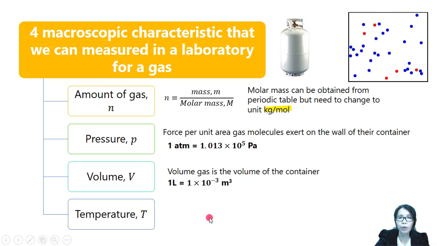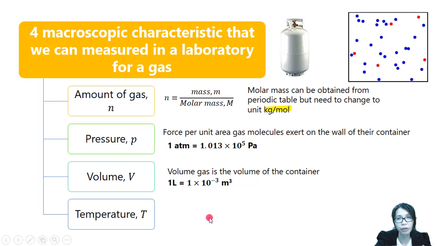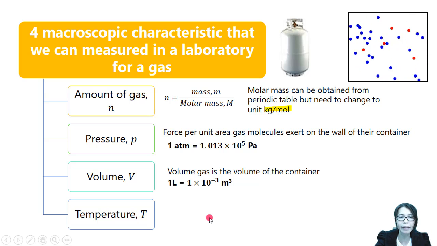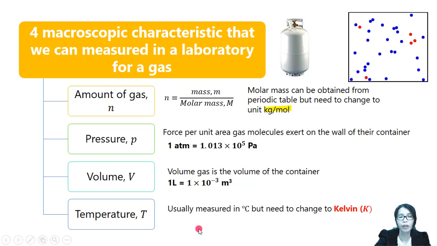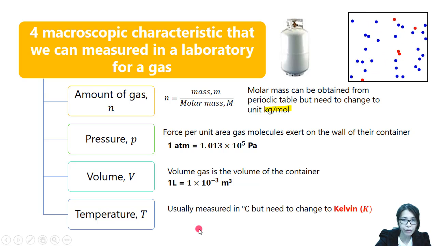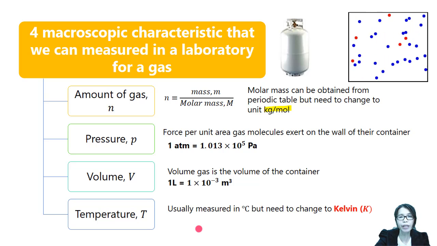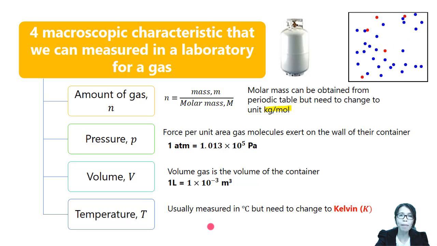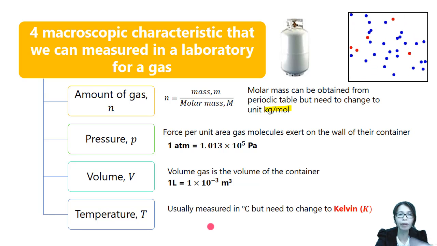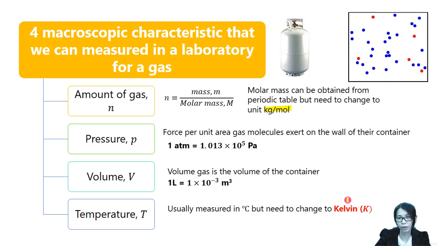Then the third macroscopic characteristic that we can observe for a gas is temperature. Usually we measure it in degrees Celsius, but then we need to change it to Kelvin, because when we describe gases, we are considering the absolute temperature.